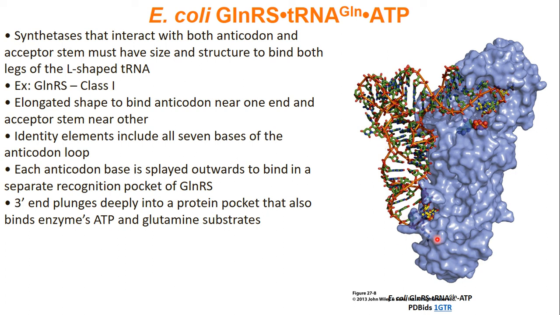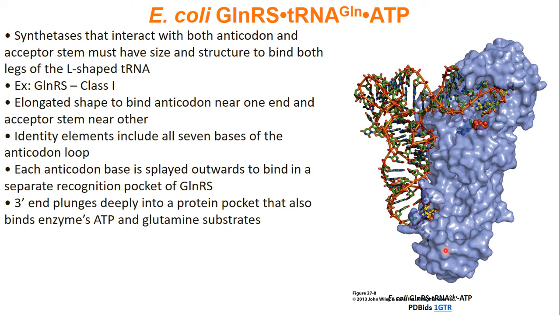So we have our enzyme here in blue that has a very elongated shape, where one end of the enzyme interacts with the amino acid portion, the acceptor stem, and the other portion interacts with the anticodon loop. Now, the identity elements for this enzyme are all 7 bases of the anticodon loop.